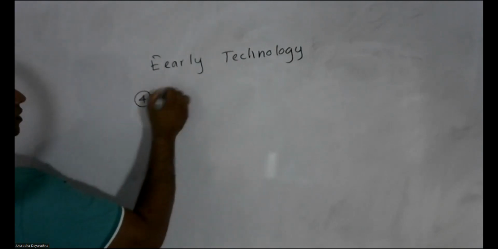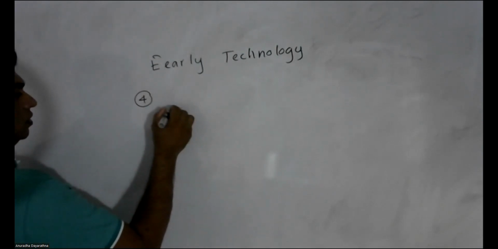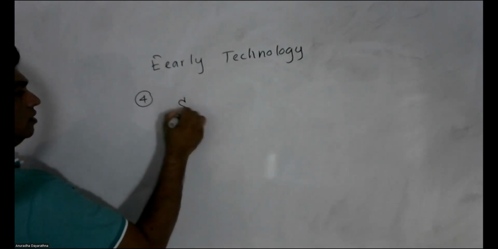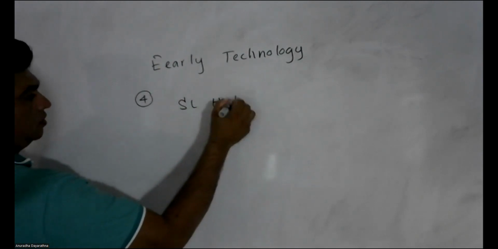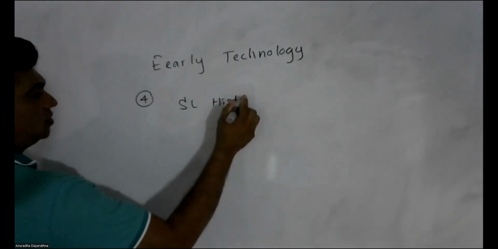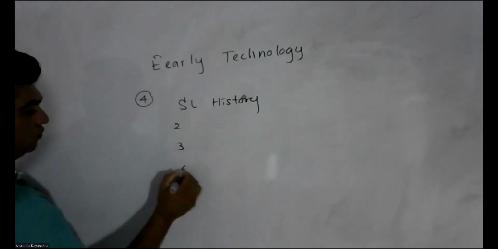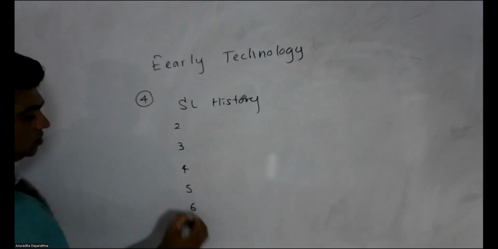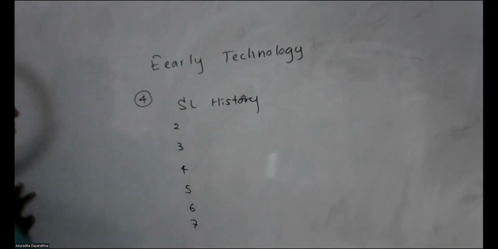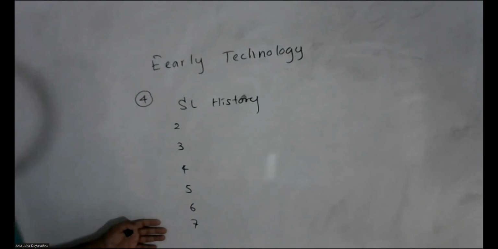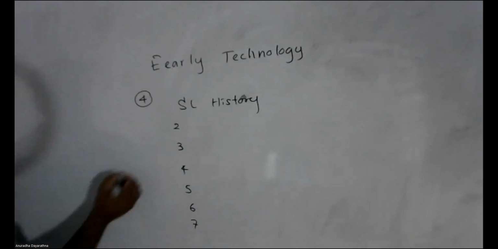So what is the fourth question? You have 6 Sri Lankan history questions from 2, 3, 4, 5, 6, and 7. Out of these 6 Sri Lankan history questions, you have to answer only 4.